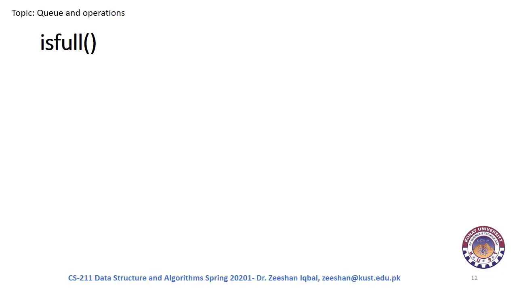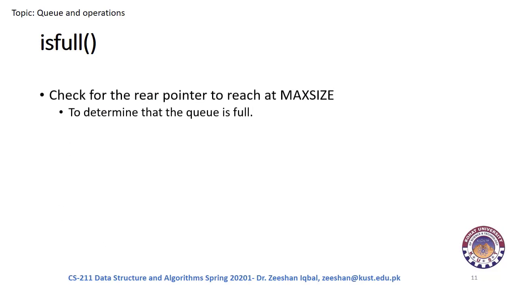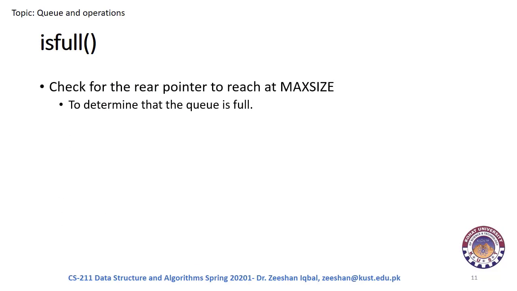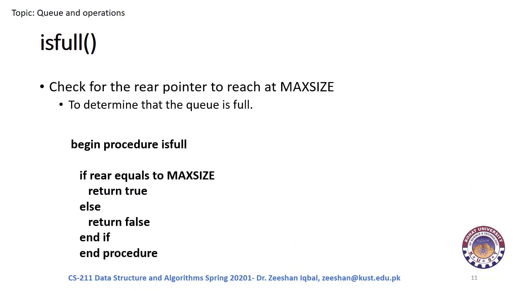Another operation for the queue is isFull. As we are using a single dimensional array to implement the queue, we just have to check whether the rear pointer has reached the max size to determine that the queue is full. Here is the algorithm written for the isFull procedure. If the rear equals the maximum size, we have to return true as our queue is full.